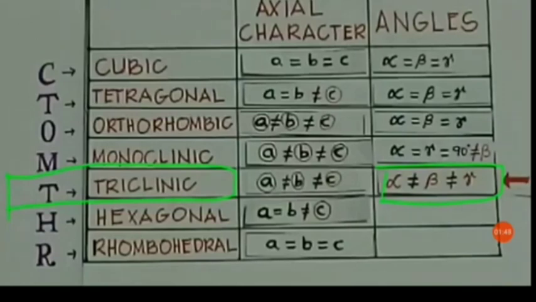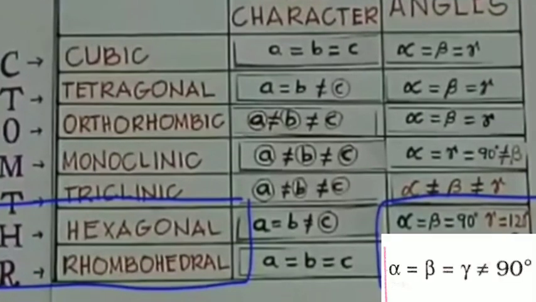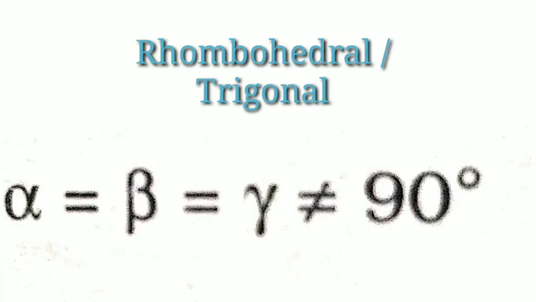Then in hexagonal system, alpha is equal to beta, which is equal to 90 degree, but gamma is equal to 120 degree. But in the case of rhombohedral, alpha is equal to beta is equal to gamma, which is not equal to 90 degree. So dear children, the 7 crystal systems are memorized easily by using this code.